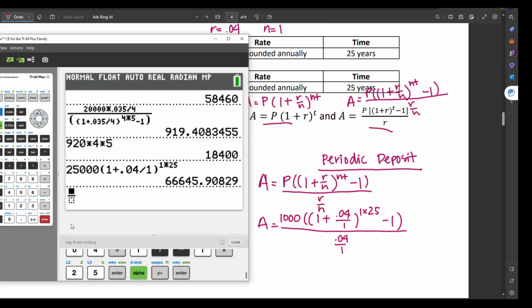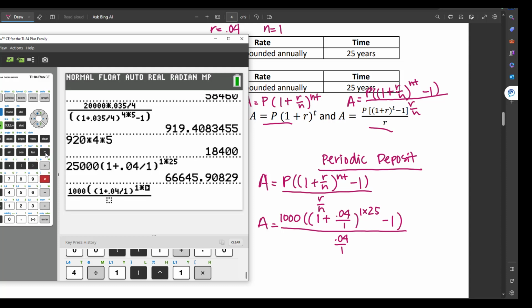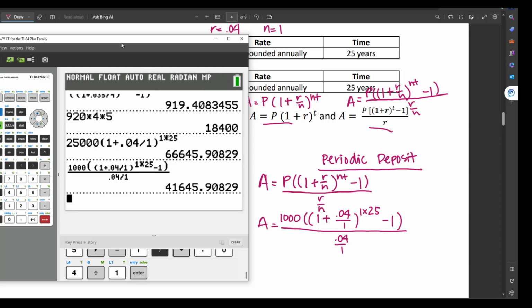We have $1,000 that we're depositing once a year. 1 plus 0.04 divided by 1. Close our parentheses. We have our exponent, 1 times 25. And then minus 1. Close the parentheses. It is very important that you use the parentheses. You will not get the same answer if you don't use all of the parentheses. So we have two very different amounts.